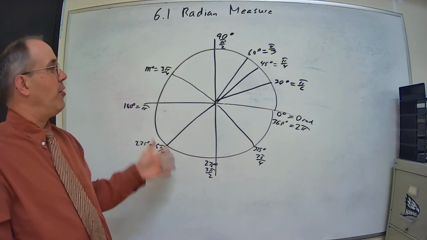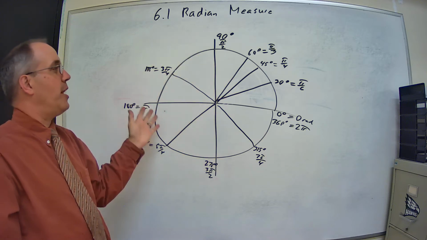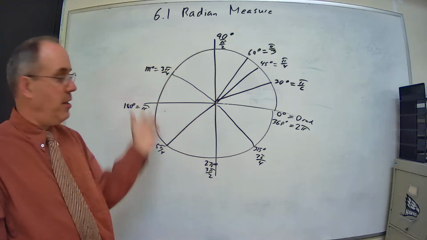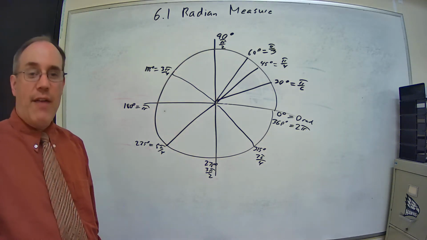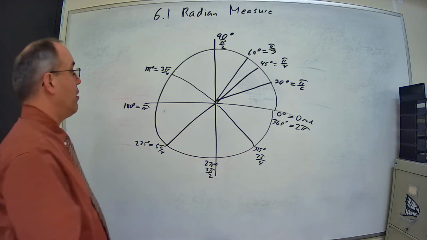So now I have all those, I have my quadrantals, I have all my 45 and 90, or I should say any that have a 45 degree reference angle.